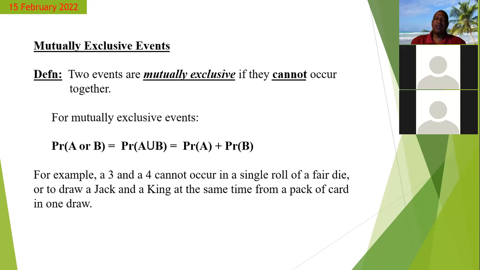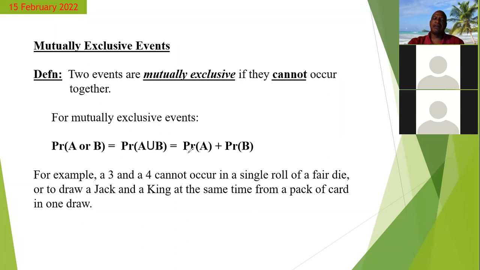So in the case where we talk about event A and event B, we can have the probability of A or the probability of B, and in set notation that can be represented by the probability of A union B. Now before we look at the Venn diagram, what you have to know is that when you're finding the probability of a mutually exclusive event, you have to add the two probabilities.